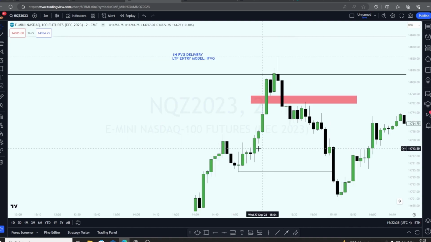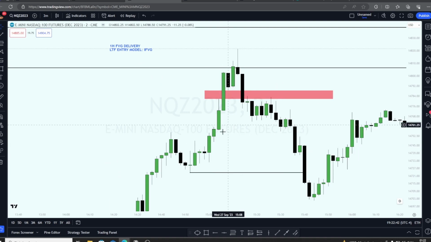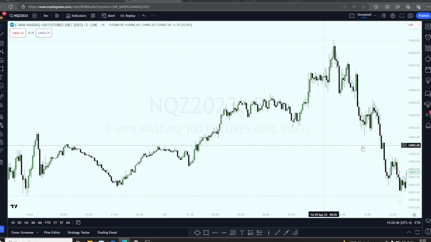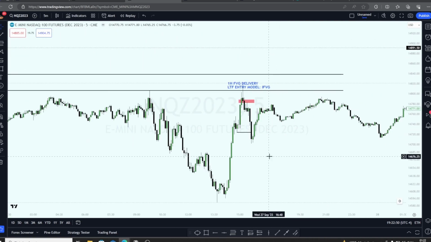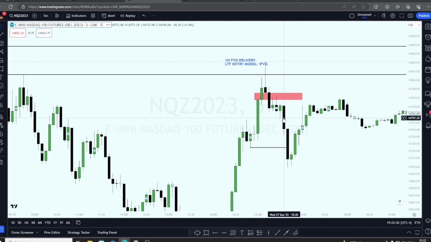So generally what you want is only one inversion fair value gap, or just one fair value gap, in this whole leg. But in situations like this where I'm so certain that we're going to go further down, you could have taken this actually. I didn't see this, but this is scary because we have such a big 5-minute fair value gap.